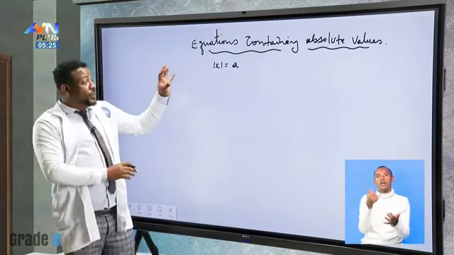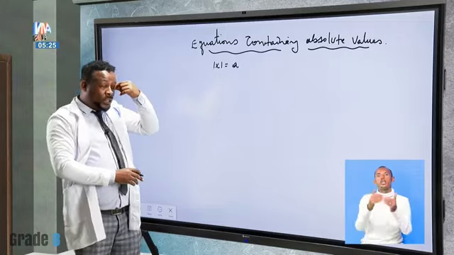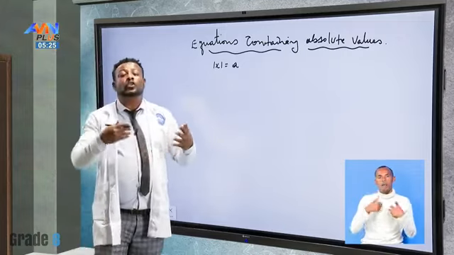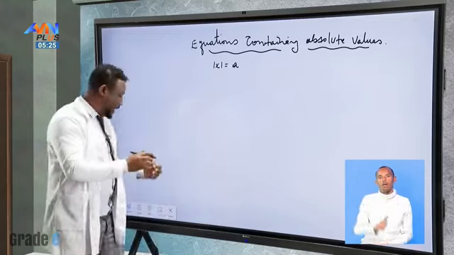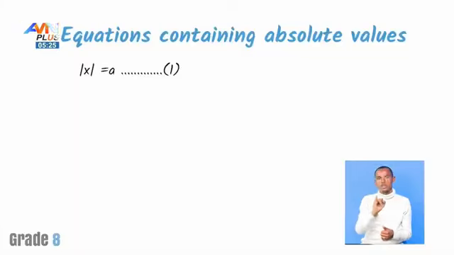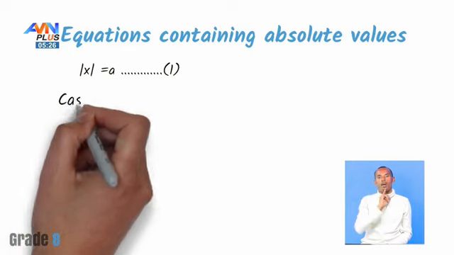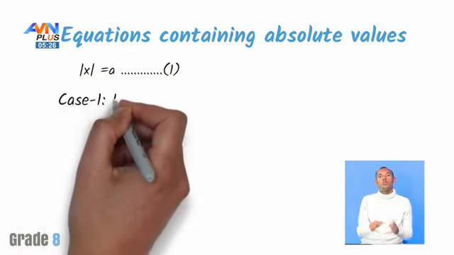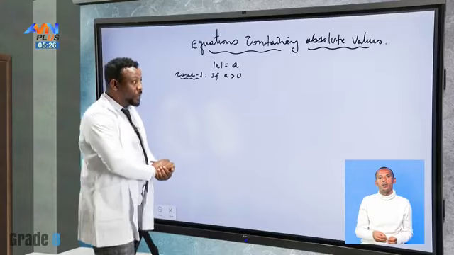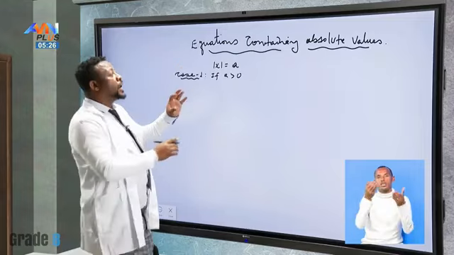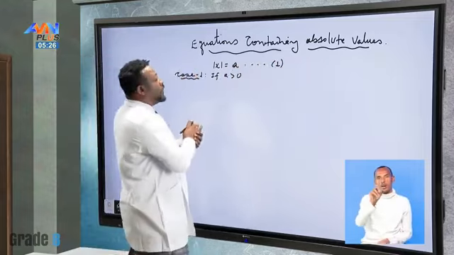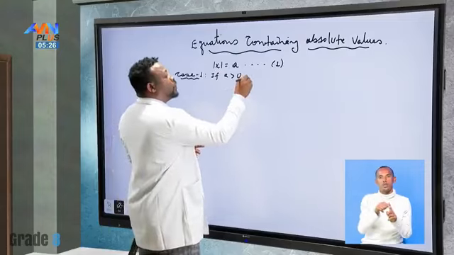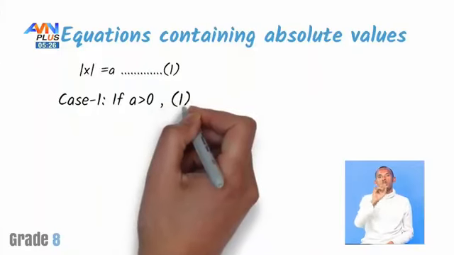Now, if this is the equation, we will have different solution types depending on the value of a. In case one, if this number is a positive number, the equation will have two solutions. Say this is equation 1, okay? If a is positive, equation 1 will have two solutions.